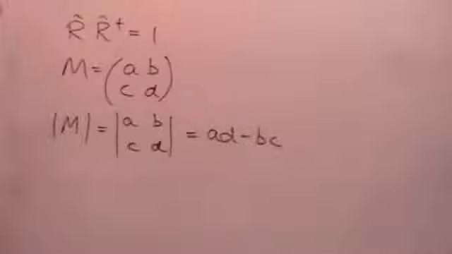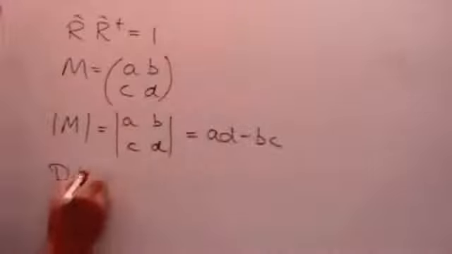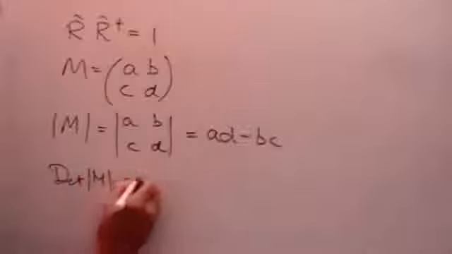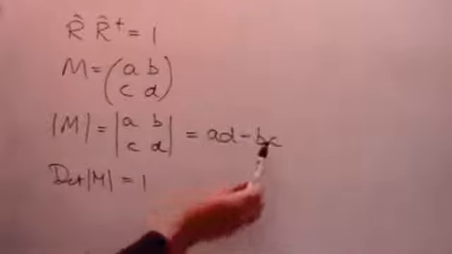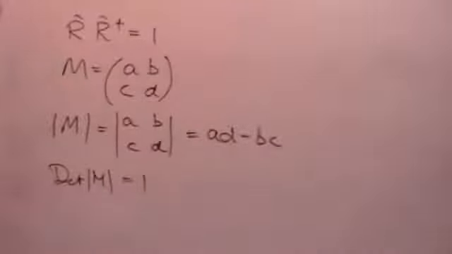It's a bit more complicated if it's a 3 by 3, but let's just stick with 2 by 2 at the moment. And what we're saying is that for a special unitary matrix, the determinant of M equals 1. So AD minus BC equals 1 is a special unitary matrix.